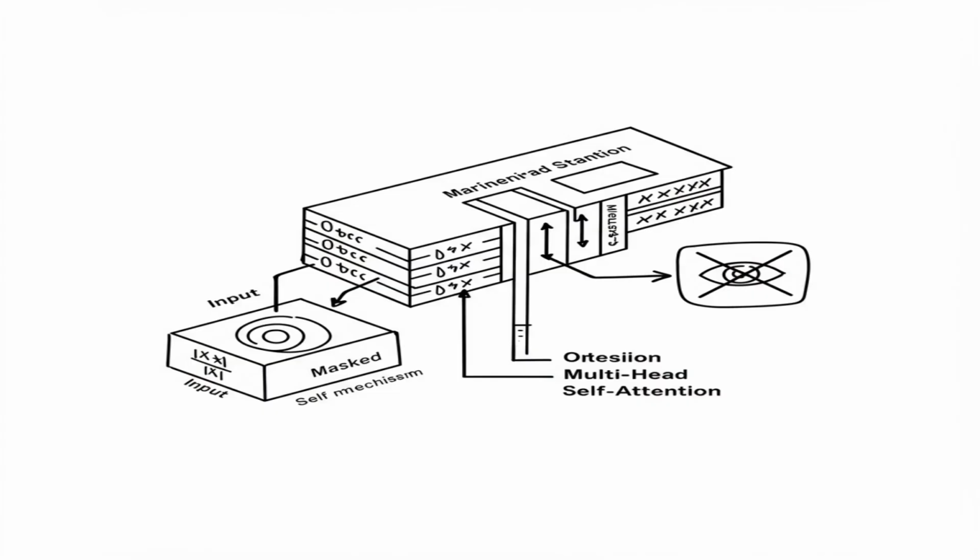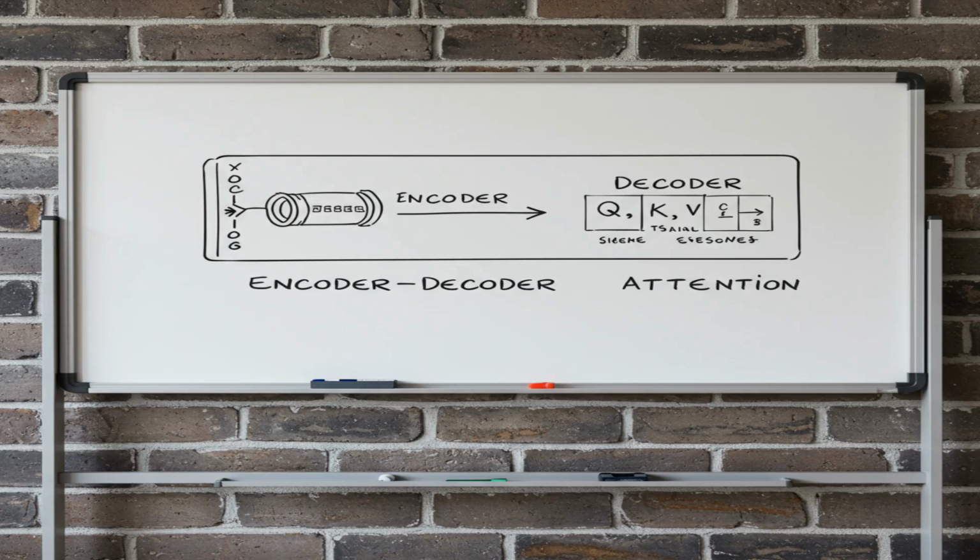It's masked to prevent it from looking at future words in its output. This mask ensures that when the decoder predicts the next word, it only considers the words it has already generated, simulating sequential output.